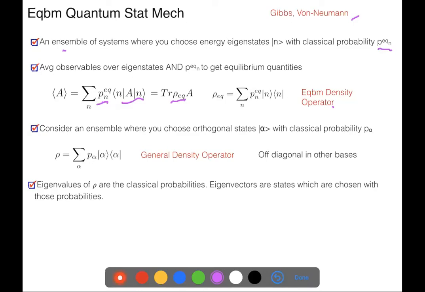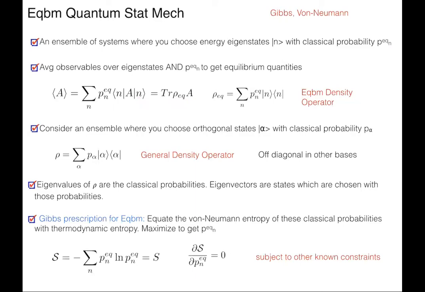So every density operator can be written like sum of P alpha |alpha><alpha|. The eigenvalues of a density operator are the classical probabilities, and eigenvectors are states which you choose with those probabilities. So this is something to keep in mind.